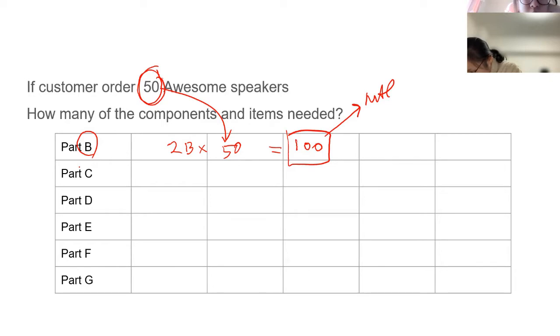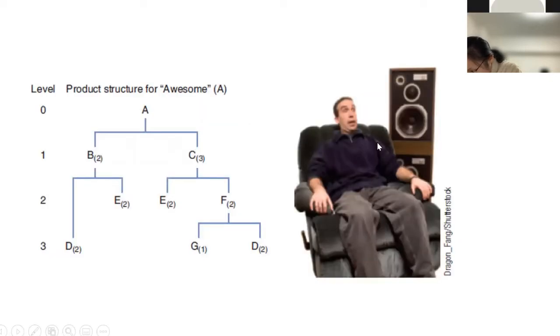Let's get Fang Yi to answer for part C. How many Cs are required for 50A? I'm here. Okay, you can guess the answer. 150.